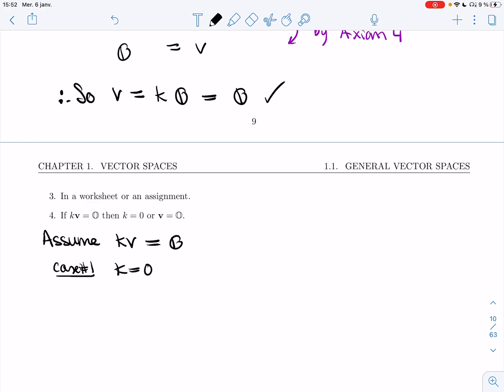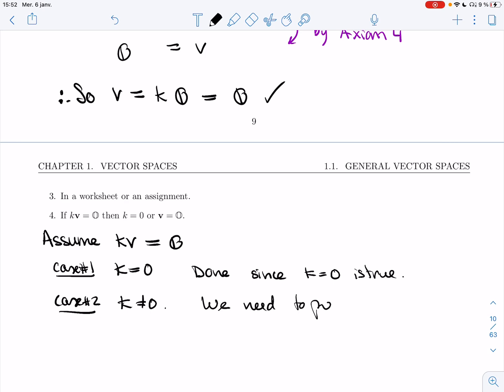All right, well, we're done. In that case, this is true, and so we're done. And so where we'll have to do more work is when we assume that k is not 0. Here we need to prove that v is going to be the 0 vector.